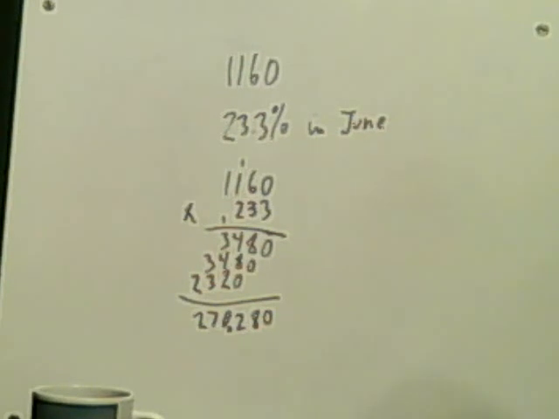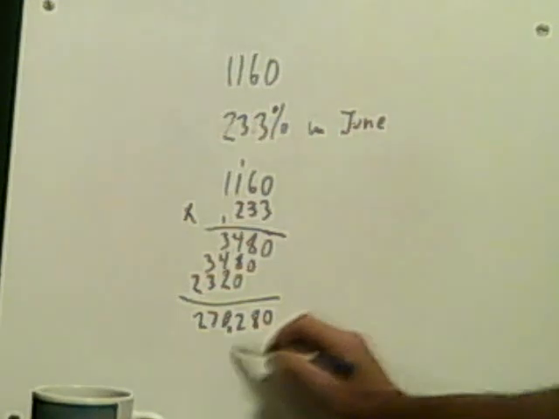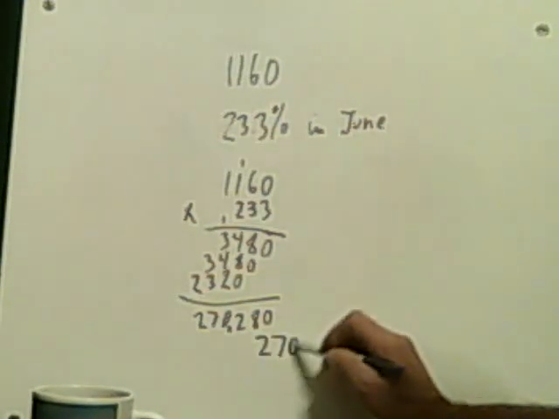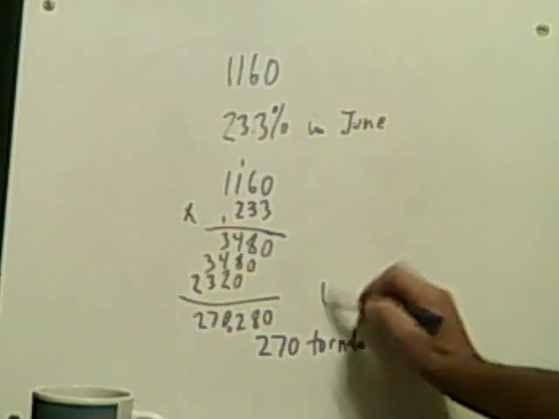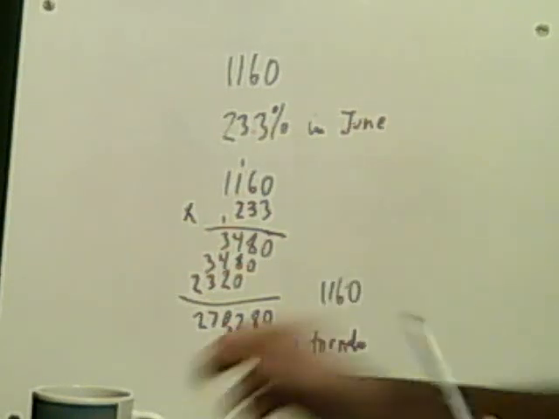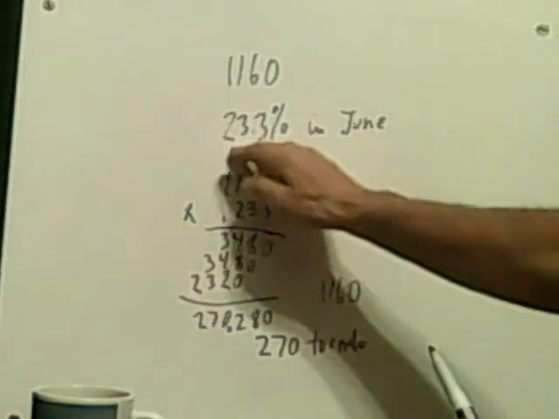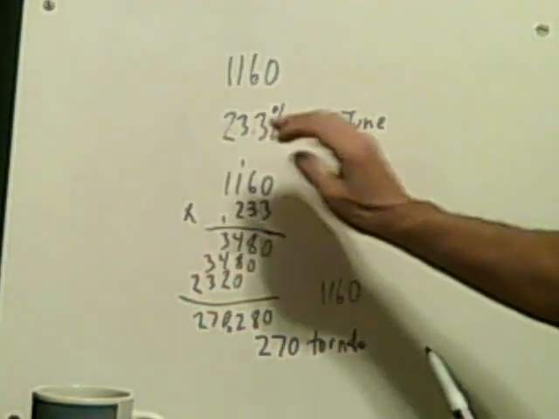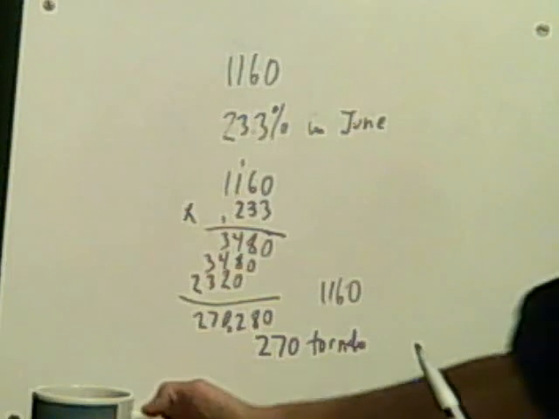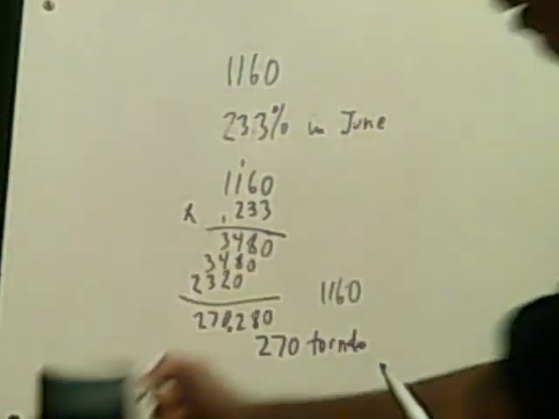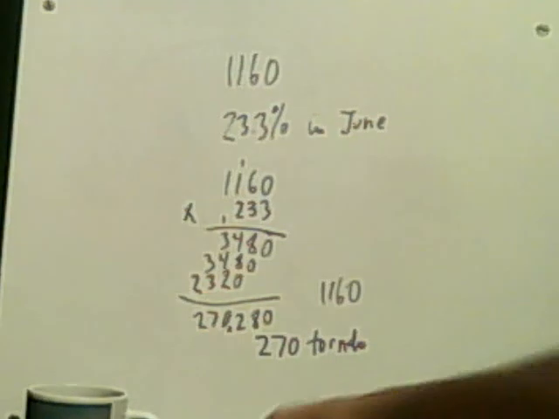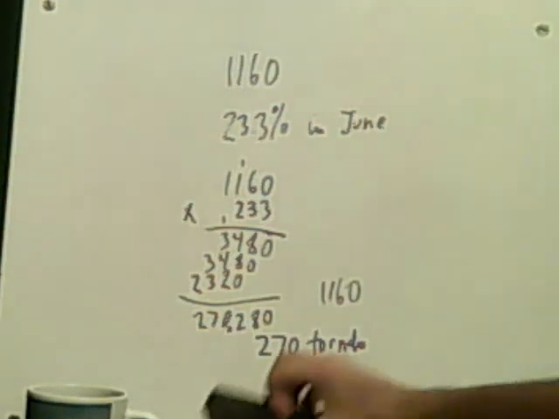So probably the correct answer is going to be 270. Probably there were 270 tornadoes in June out of 1160. And if you divide those, it probably rounds off to the nearest tenth to produce 23.3. You could check that on the calculator, but I'm going to say the answer is 270 tornadoes.